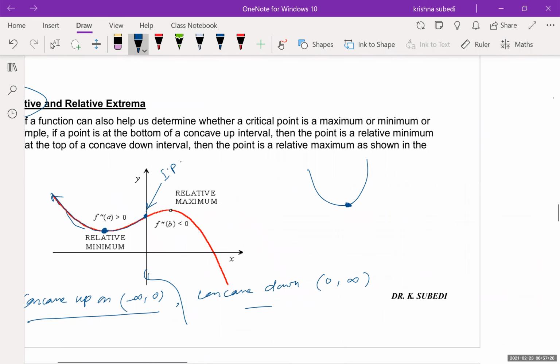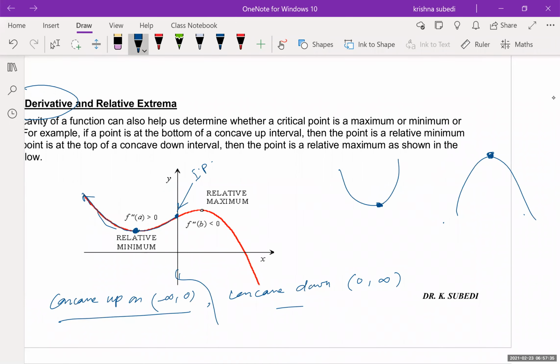When the graph is concave down, on that interval, we have the maximum value. Concave up means the second derivative is positive. So when the second derivative is positive, we have a minimum value. When the second derivative is negative, we have the maximum value.